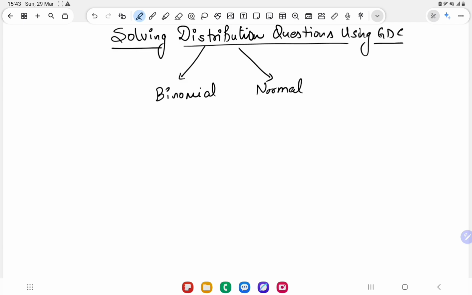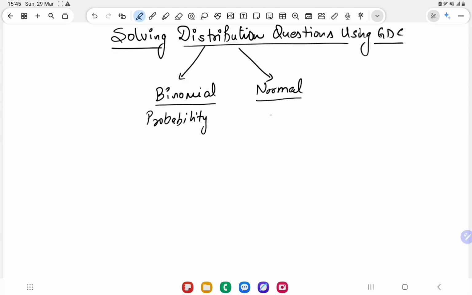So let's first understand the basic difference between binomial and normal. In binomial distribution questions, you will always see the words find the probability of either an exact value or a greater or less value.